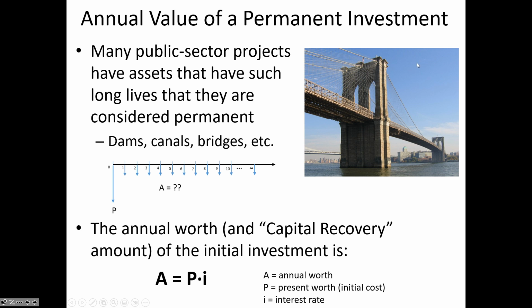Well, if the item is never going to be disposed of, like the Brooklyn Bridge, then there's only the annual equivalent cost related to its initial purchase price. So if you wanted to annualize how much they spent originally to construct that bridge, you just multiply the initial purchase price by the interest rate that applies.